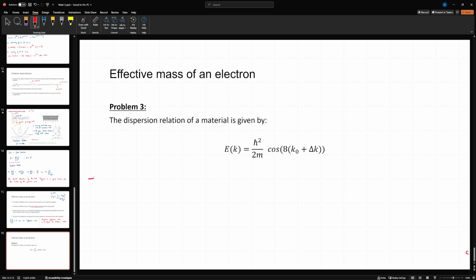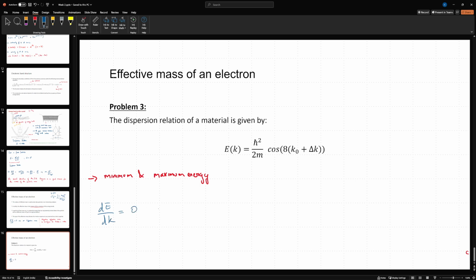Let us try to find out the minimum and maximum energy first. For that, first we will have to look at dE/dk equal to 0.